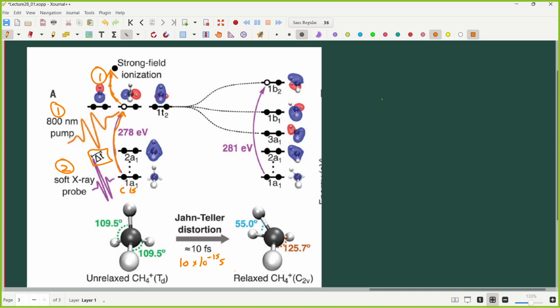Sorry, let me start over again. The molecular orbitals for this version look very different. You break that symmetry. You have instead just a sequence of orbitals instead of having a triplet. So you get a different orbital structure, and therefore that hole that you created with the first pulse is now at a different energy, because now it's in this highest lying orbital. And it's at 281 eV.